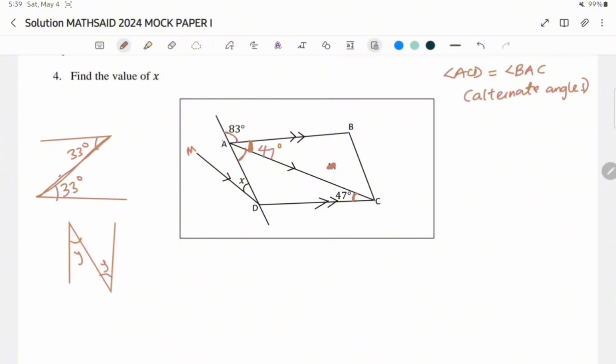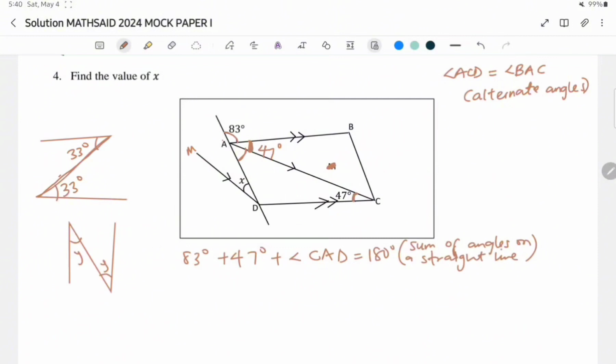That means 83 degrees plus 47 degrees plus angle CAD equals 180 degrees. So 83 plus 47 is 130 degrees, plus angle CAD is 180 degrees. That means angle CAD is 180 minus 130, and that's 50 degrees.